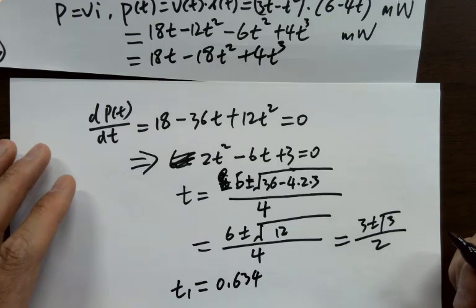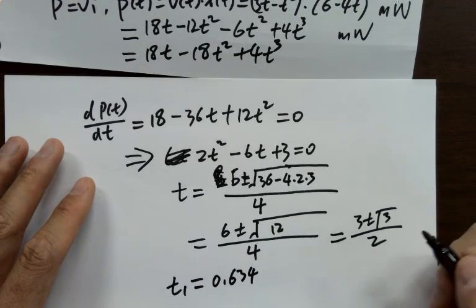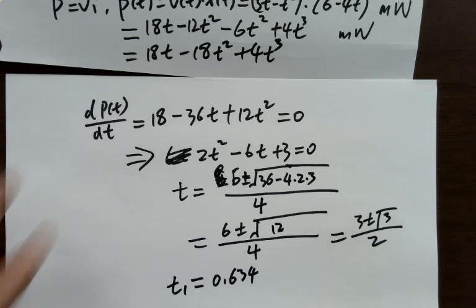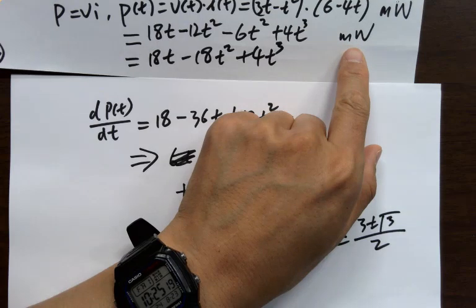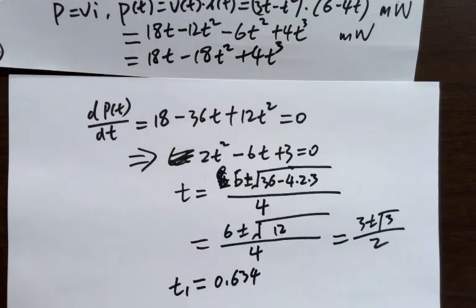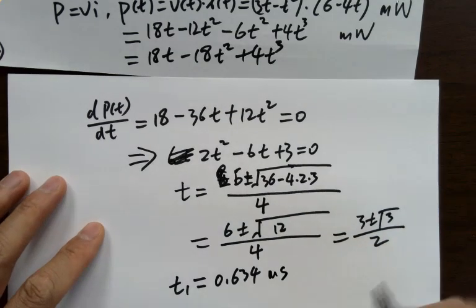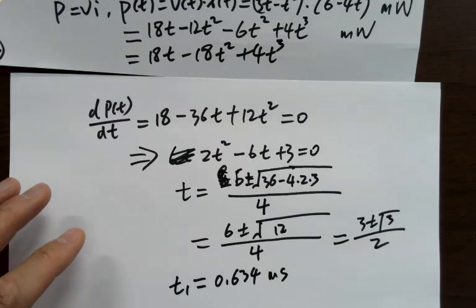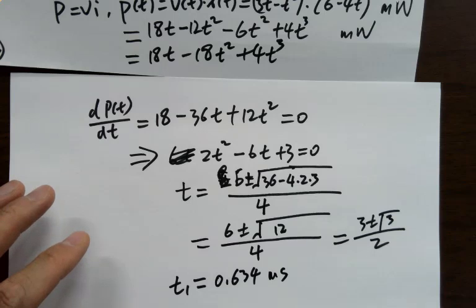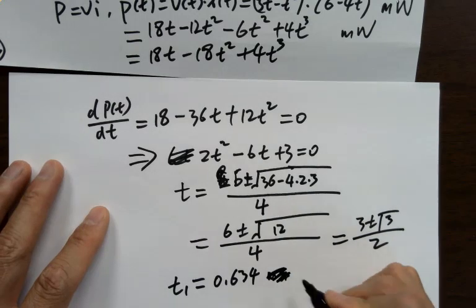Are we getting milliseconds or seconds? Because power is in milliwatts now. I think that's milliseconds, right? Let's use milliseconds for now. But the solution is in seconds. Yeah, I don't think t is in milliseconds.